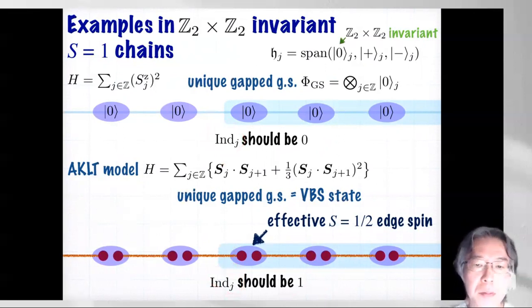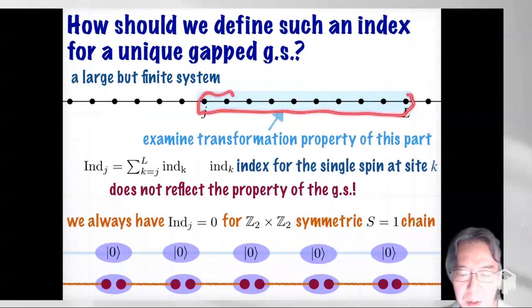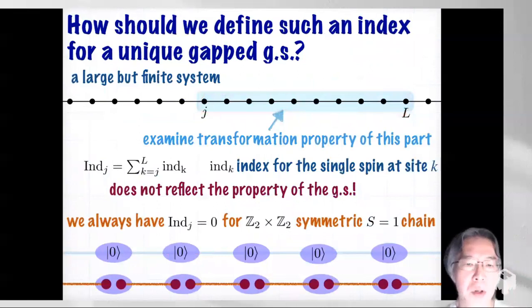Very good. So how should we define such an index for a unique gapped ground state? One natural idea is to take a very large but finite system and examine the transformation property of this part. This is actually half of this long chain. But this idea does not work at all. In this case, the index is trivial.